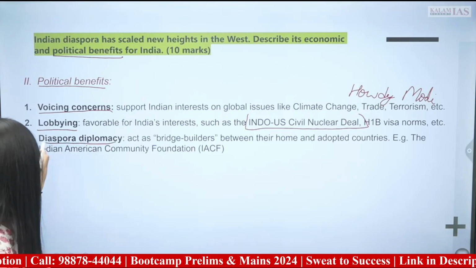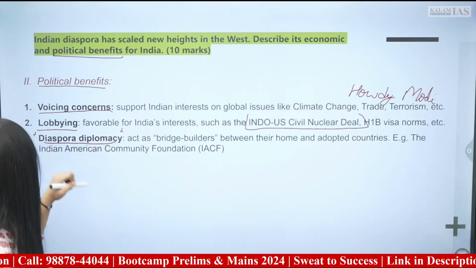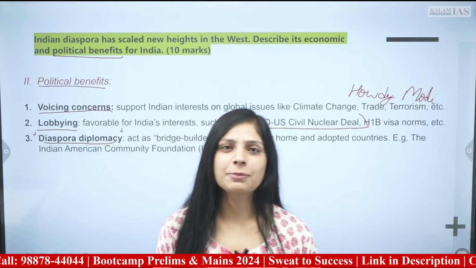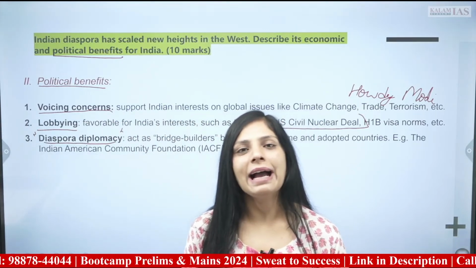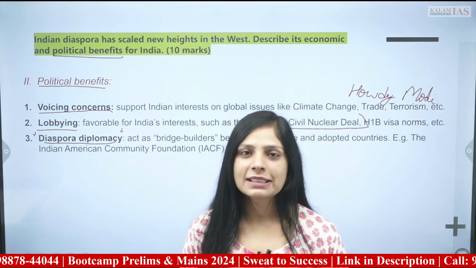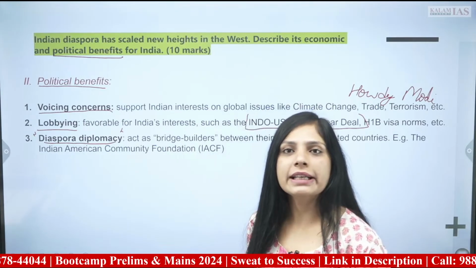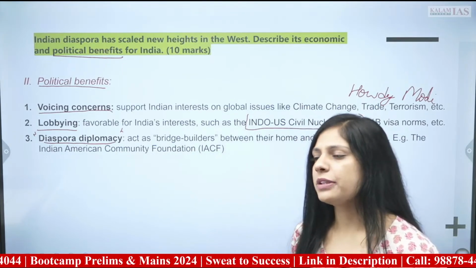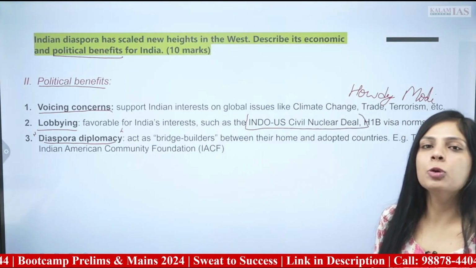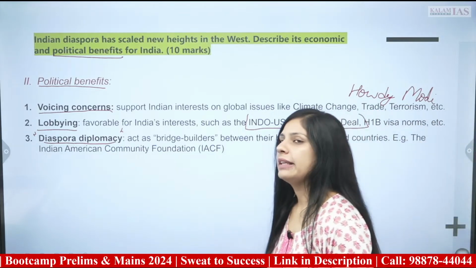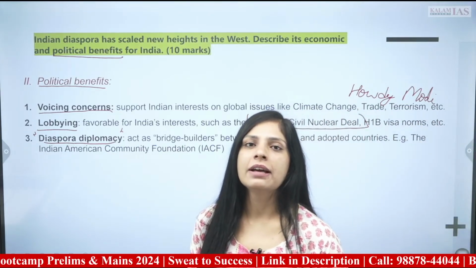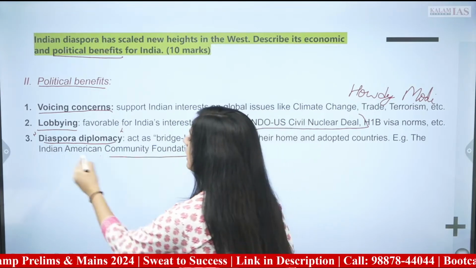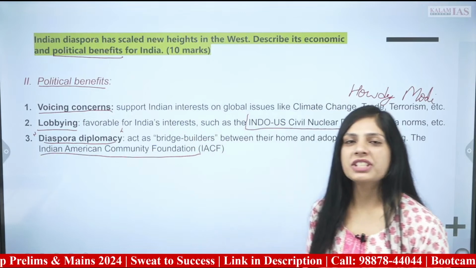Diaspora diplomacy, this word itself is evidence of the importance of the role played by the diaspora. They act as bridge builders between their home country and the adopted country. So there are various advocacy groups which promote diaspora diplomacy, right? In America, we have the Indian American Community Foundation.